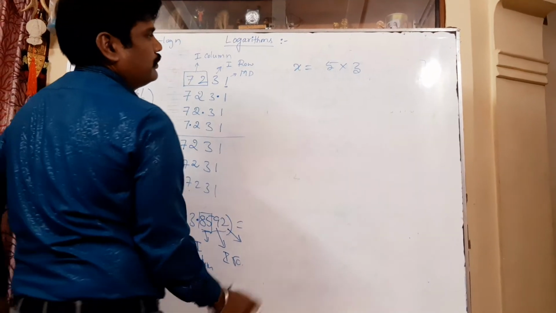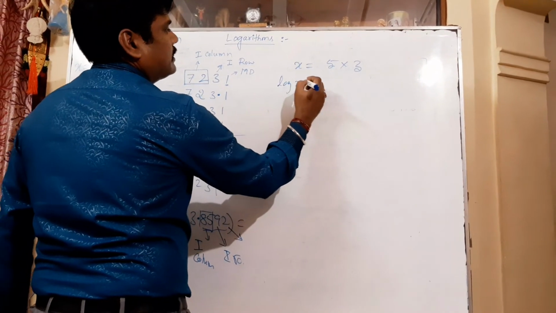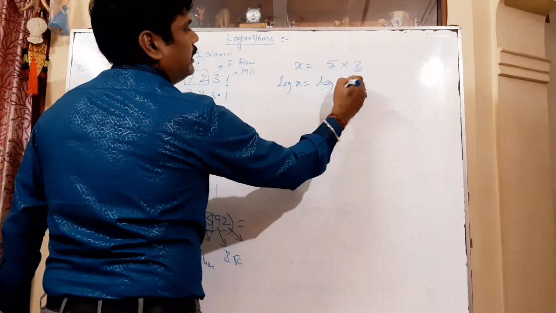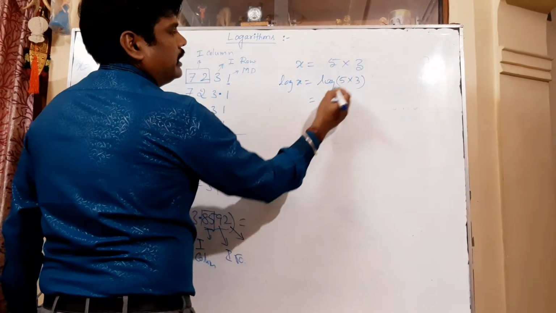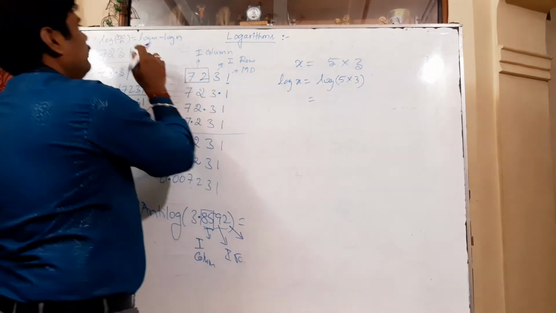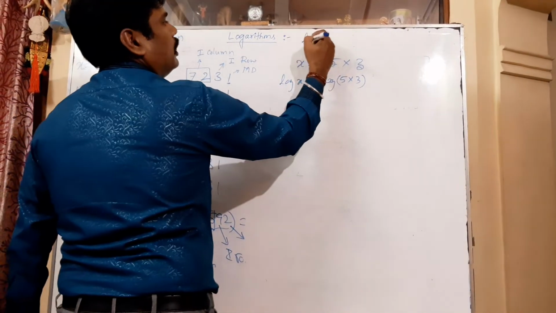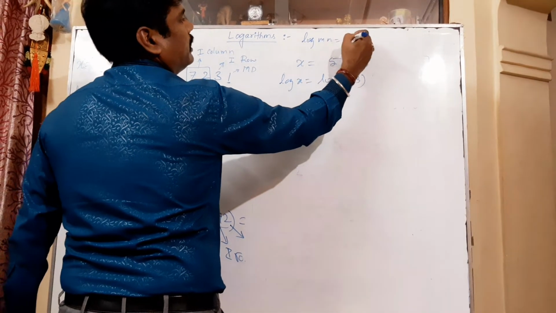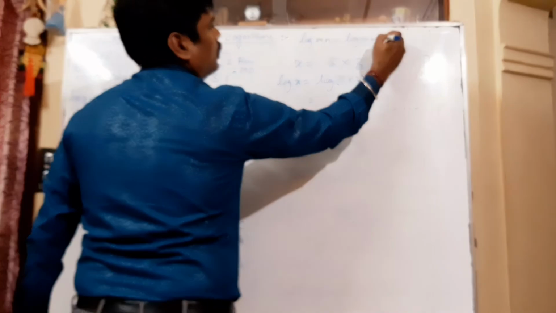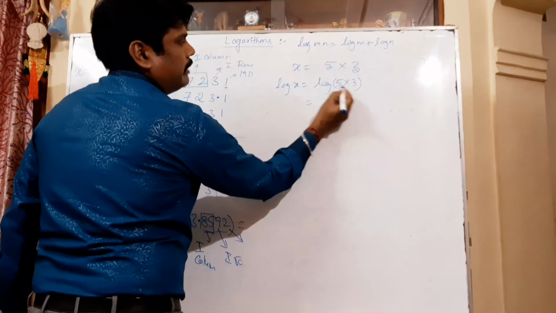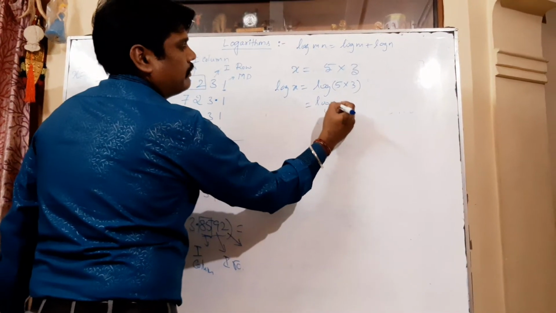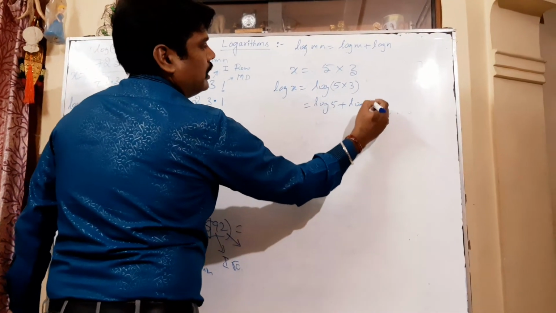So take log on both sides. Log x is equal to log 5 into 3. How to simplify multiplication? There is a formula. Log m into n can be written as log m plus log n. It can be written as log 5 plus log 3.